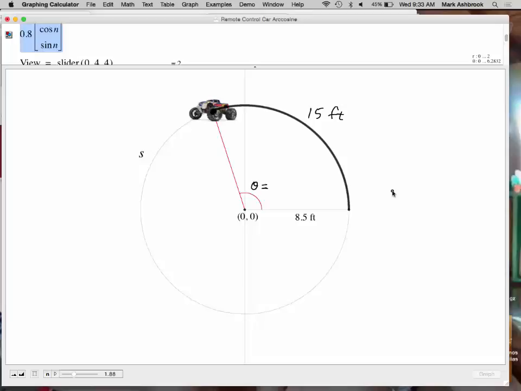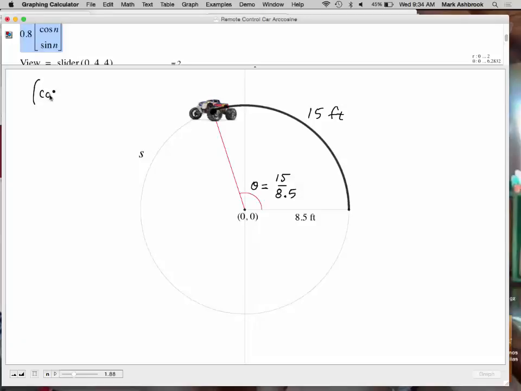So Michael, what angle has the truck rotated here? 15 over 8.5? And what's the horizontal position of the truck as a fraction of the radius length? No, as a fraction of the radius length. So I just want the fraction of the radius length that the truck is to the right of the vertical diameter.